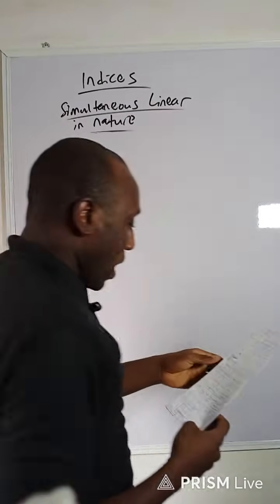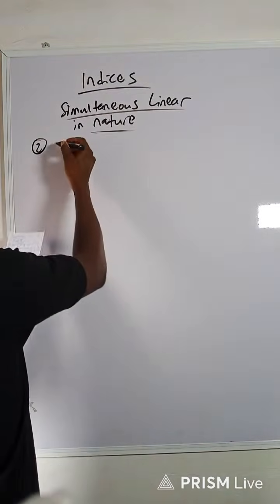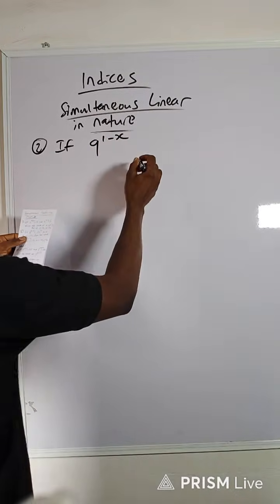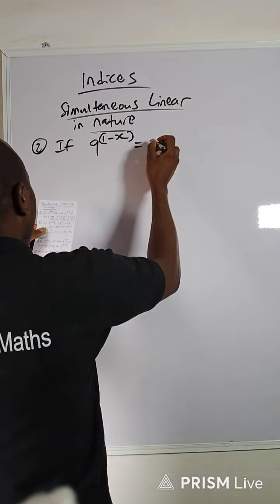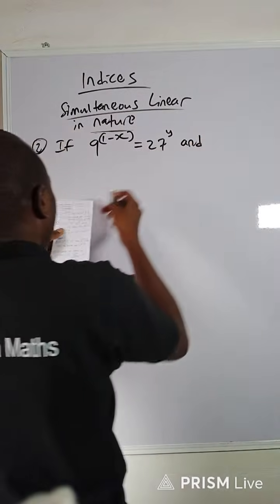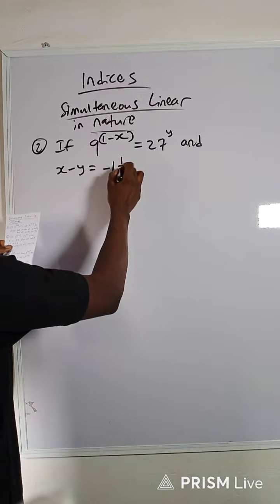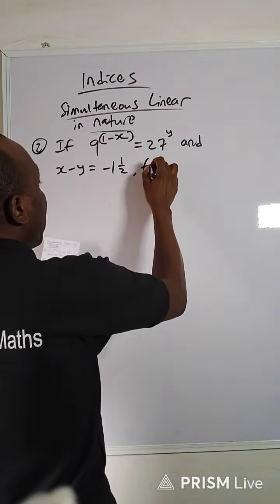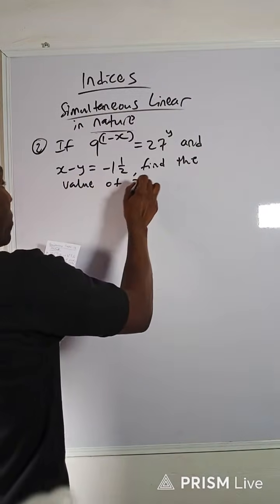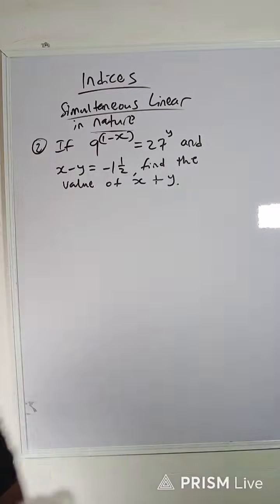So let's move on. I have other examples on this. Example 2. If 9 raised to the power of 1 minus x is equal to 27 raised to the power y, and x minus y is equal to minus 1.5, find the value of x plus y.